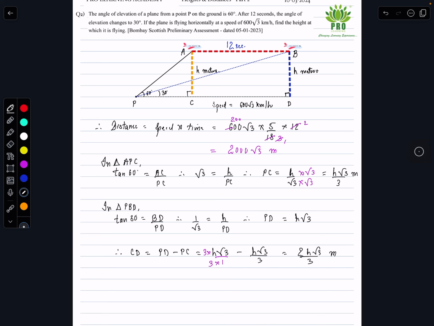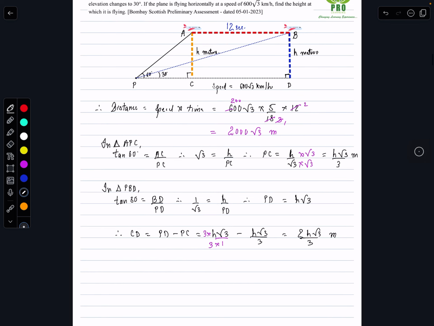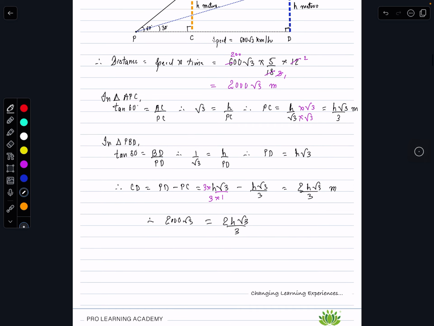Now we already had the distance CD because we had speed and we have time. Speed into time gives you distance, so we already have this distance. We'll equate it here. Therefore 2000 root 3 is 2 times h root 3 over 3.